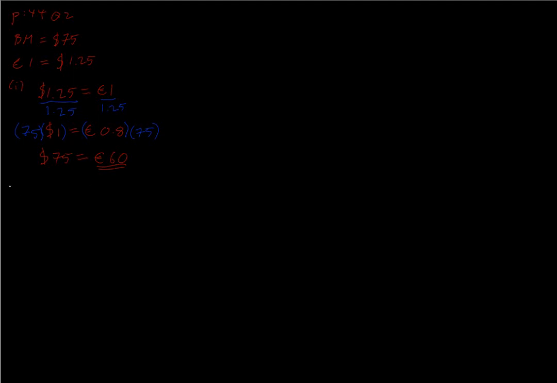Now we're looking at part 2. If the postage charged is €10.20, calculate the postage cost in dollars. Now this is actually easier. We don't need to do any conversions in this case because we're looking at the postage is €10.20 and we want to know what it is in dollars, and we already know that €1 is equal to $1.25.